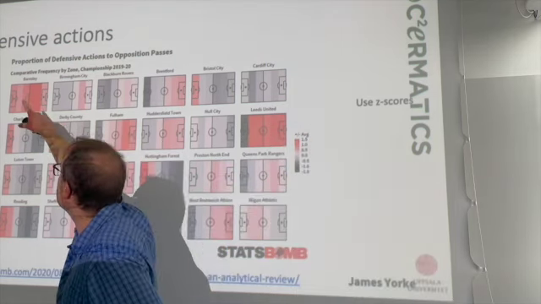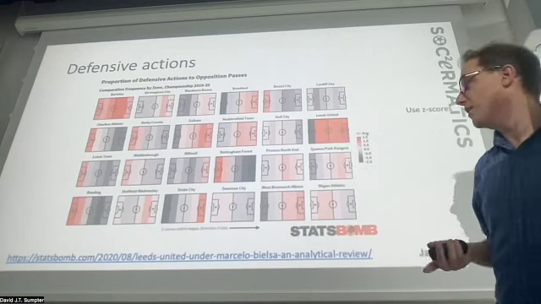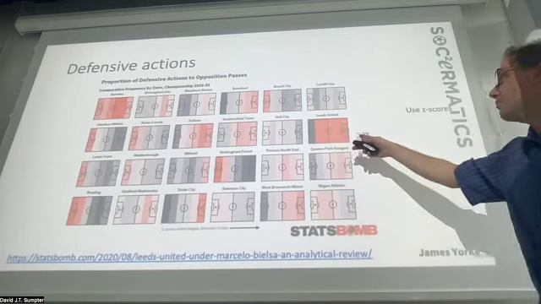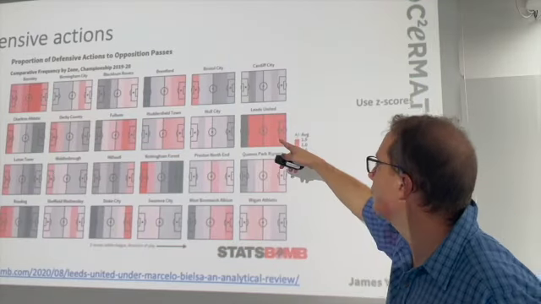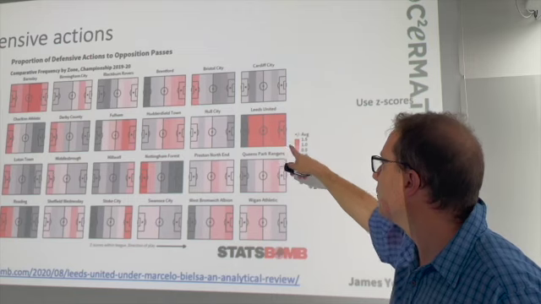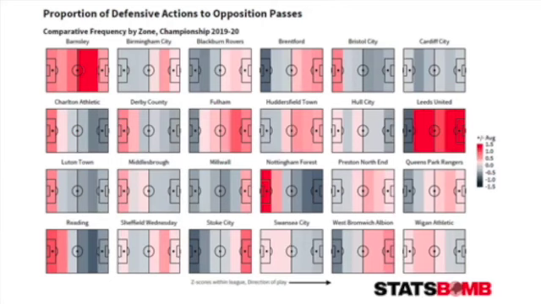Both of these teams were adopting a very high pressing game, doing a lot of defensive actions when the opposition were passing. And of course, Leeds were successful, so they actually have possession quite a lot. So this correction would lift out that they're not only attacking well, but also defending well.